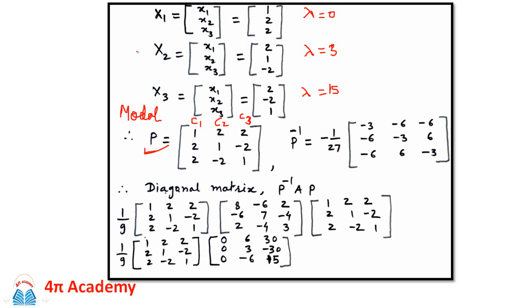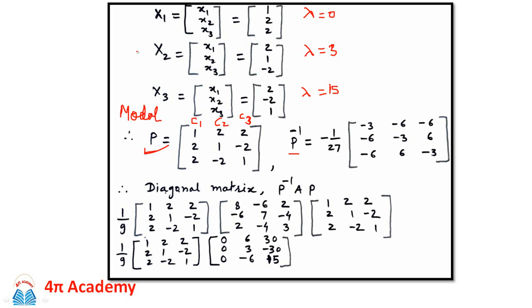So we find the inverse of this modal matrix as P inverse, and you know the method of finding the inverse of a matrix. You can refer to the previous lecture for that. First you need to find the cofactors of each element of this matrix, then you have to take the transpose of those cofactors, and that will be called the adjoint of the matrix.